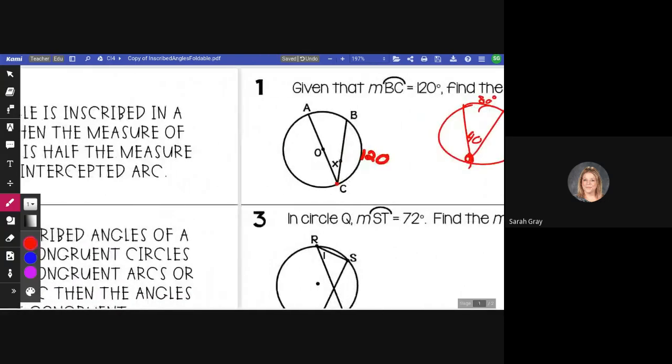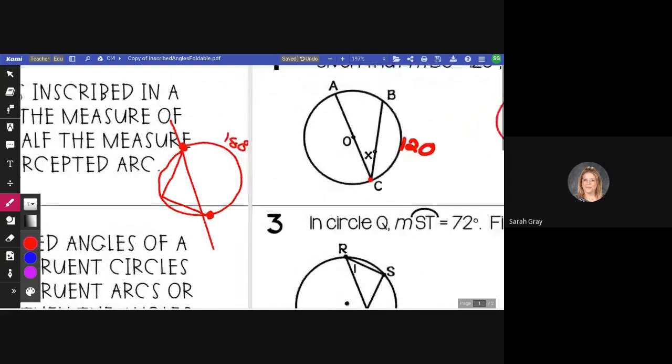Okay. Let's show this over here. Here's the trick that I use to remember and double check myself. If I make an inscribed angle that opens up to a semicircle, so I know the measure of my arc is 180 degrees. And then I look at the measure of my angle.